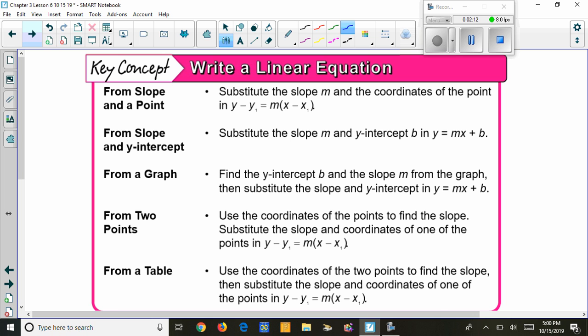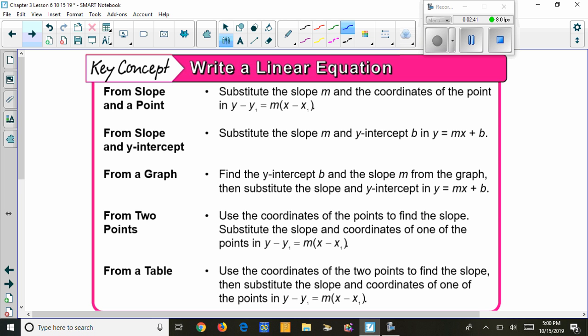From 2 points, use the coordinates of the points to find the slope. Substitute the slope and coordinates of one of the points into the point-slope form. And then from a table, use coordinates of the 2 points to find the slope, then substitute the slope and coordinates of one of the points into point-slope form.